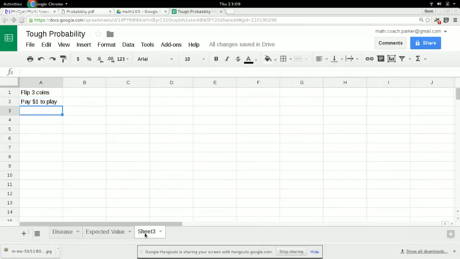And then what's going to happen is you will profit $1 per tail that you get. What I want to do is I want to look at the possible profits for the number of heads I can get.